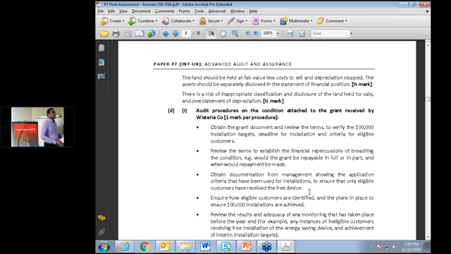You have to come up with 1 mark for one procedure. So it's important to see how many procedures you can come up with.